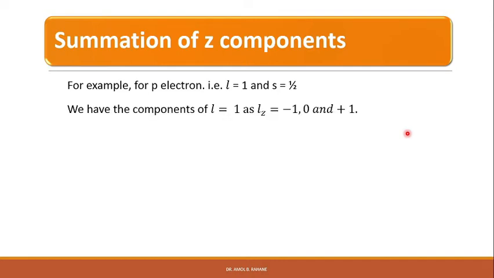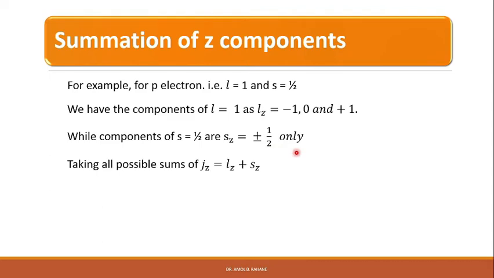For L is equal to 1, Lz takes values minus 1, 0 and plus 1. The components of S equal to 1 half are Sz equal to plus and minus 1 half only, so we get two components: Sz is equal to plus half and Sz is equal to minus half.